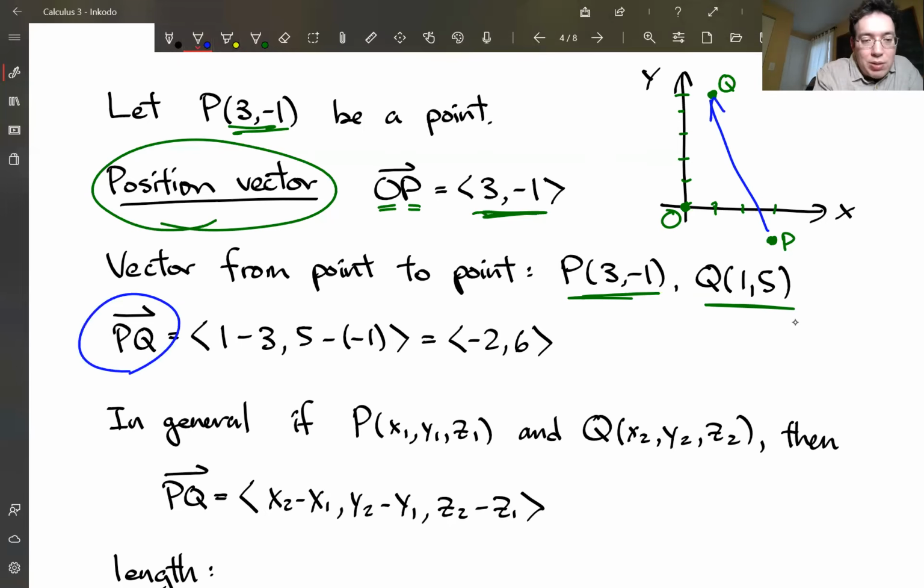It points from P to Q. The tail is at P, and the head of the arrow is at Q.